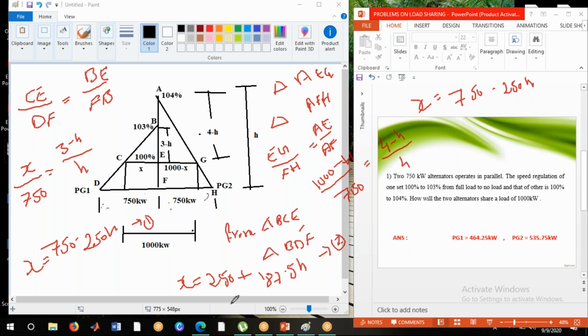Now equating 1 and 2, find the value of H. So by equating 1 and 2, we find the value of H here.